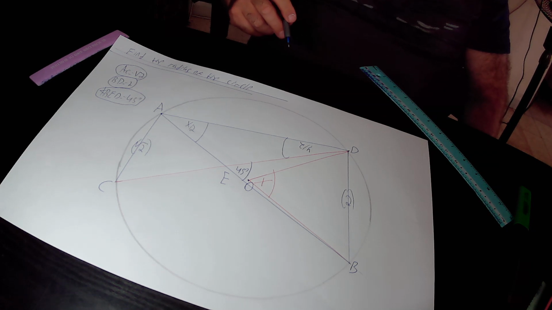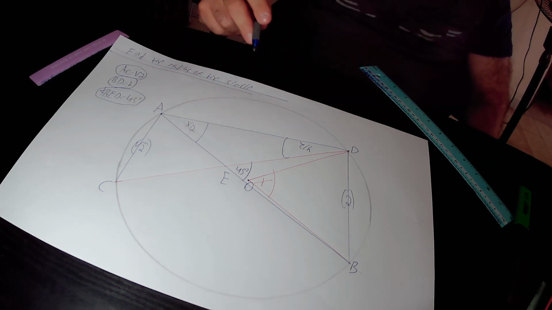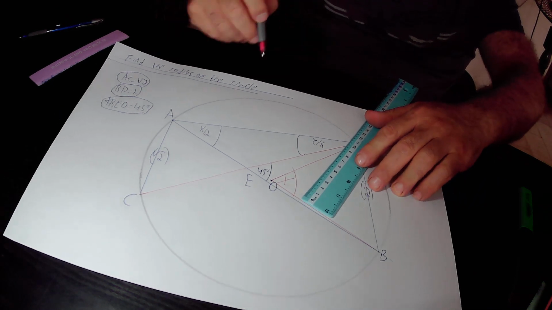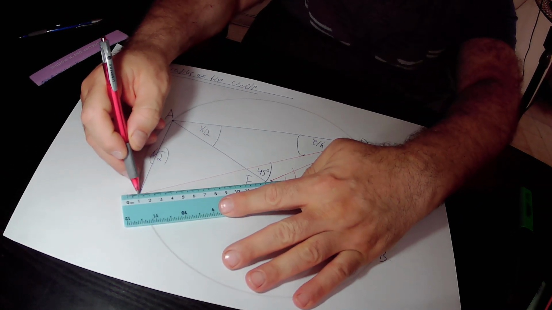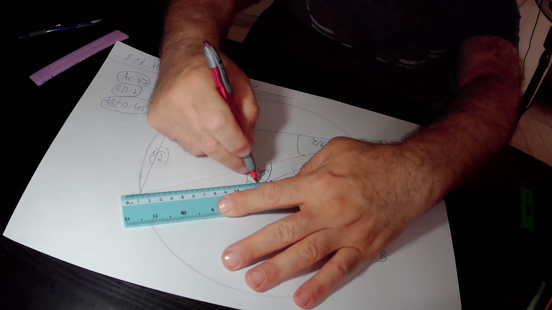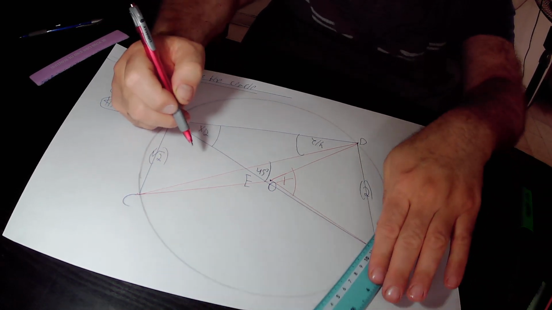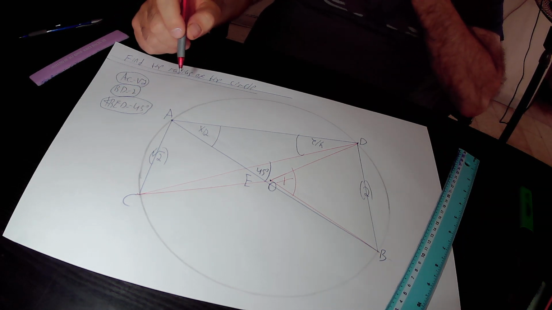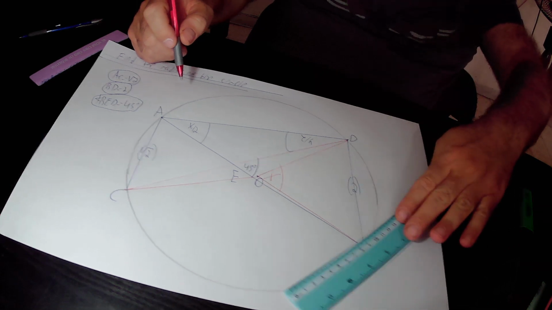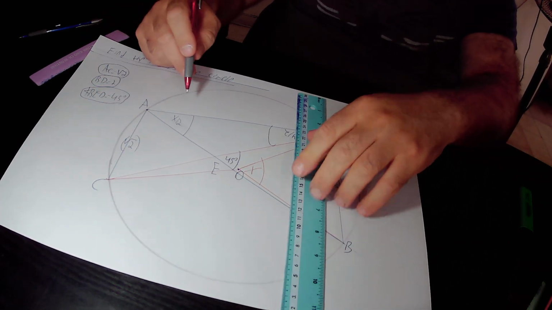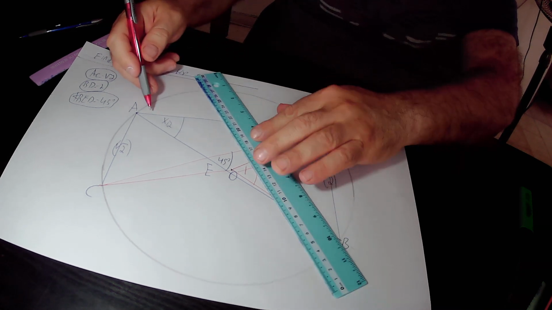In the next step, we'll join points O and C together by a straight line, and we'll join points O and A together by a straight line.